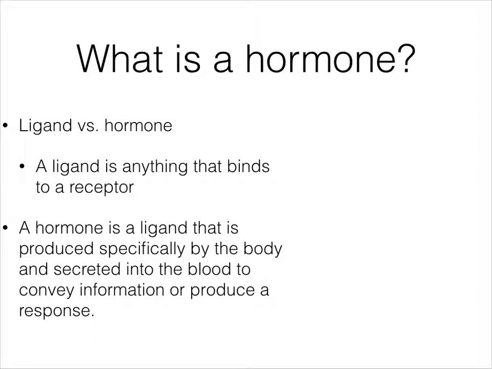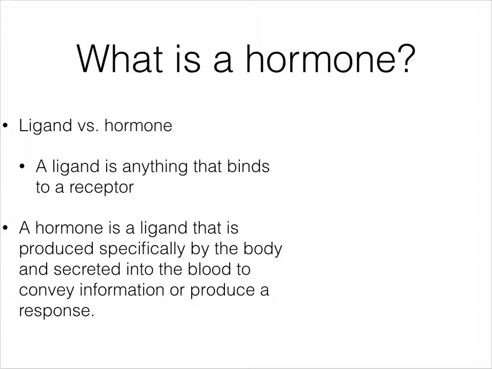So, basically, while lots of things can serve as ligands, for instance, glucose is a ligand to cells in your pancreas, right? They have to be able to detect what your blood sugar level is. So they have receptors for glucose. And when they sense that there's a lot of glucose in your blood, that triggers your pancreatic islet cells to release insulin, right?